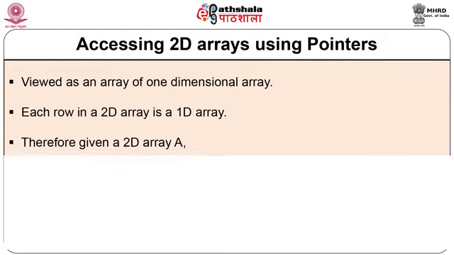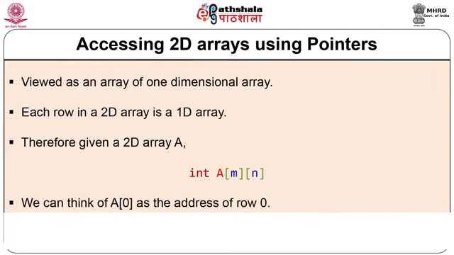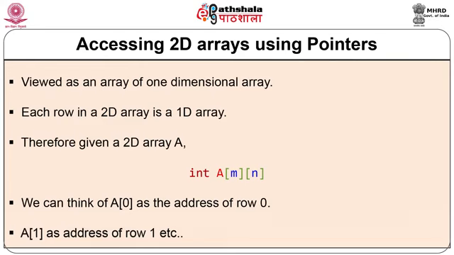Therefore, given a two-dimensional array A, that is, int A[m][n], where m is rows and n is columns, we can think of A0 as the address of row 0, A1 as the address of row 1, and so on.